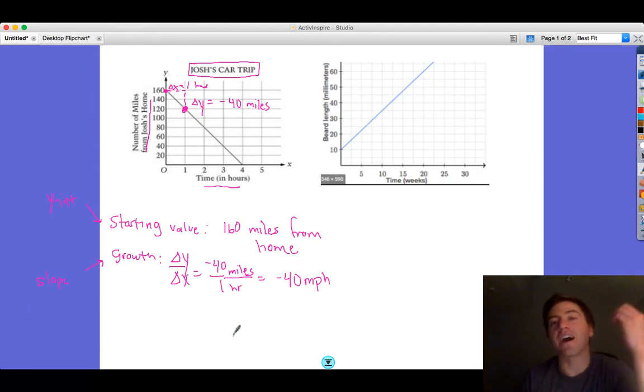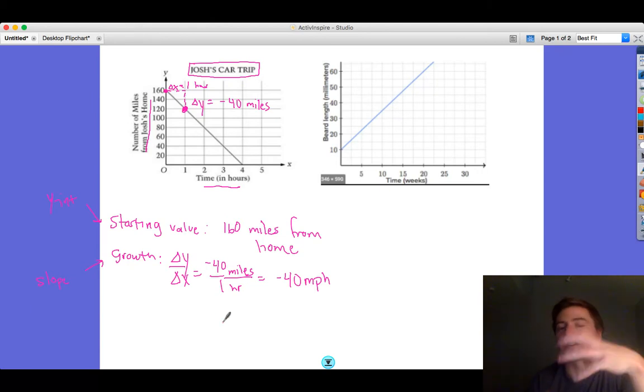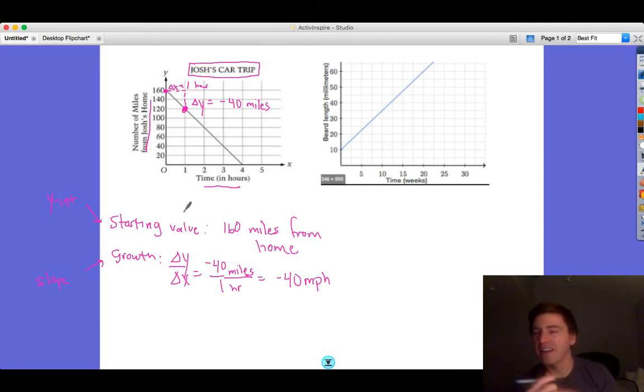So what's the context of this situation? If I asked what's happening here, you would say he's starting 160 miles from home, and he's heading towards home at 40 miles an hour. It says negative, but that's because we're losing value from miles from home. The negative is more of a direction.